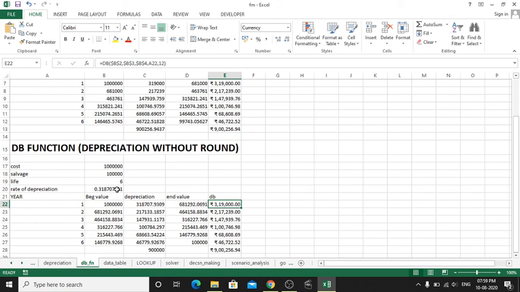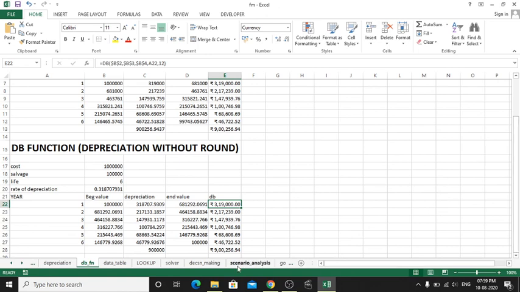Only the calculation of the rate of depreciation differs: one is with the round function and the other is without the round function. This is just an illustration of the minor difference between the fixed rate with round and without round.